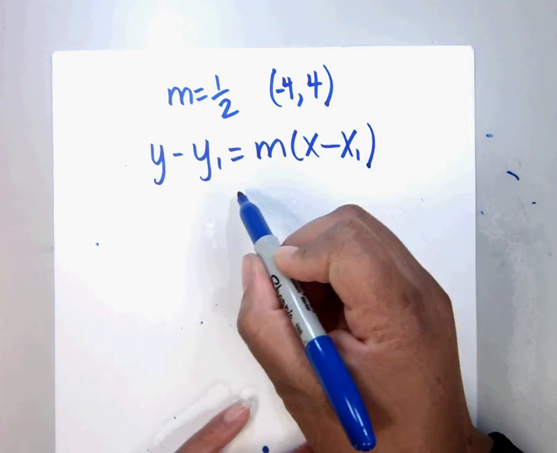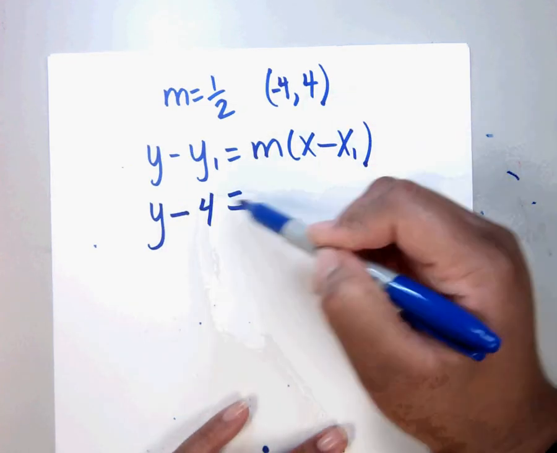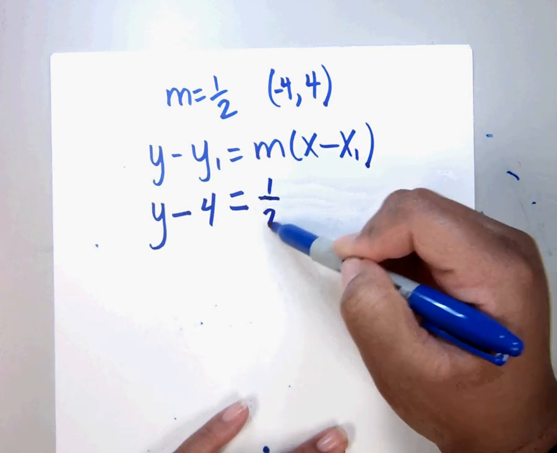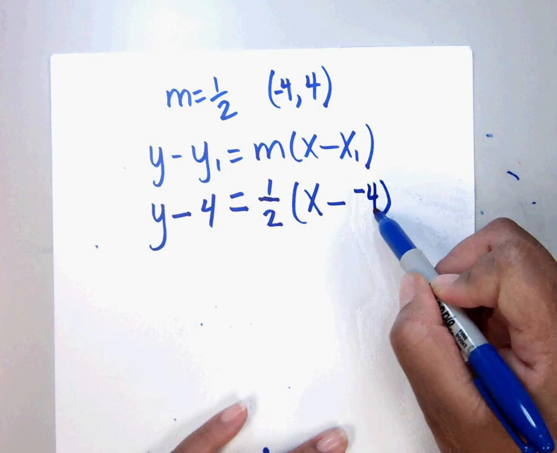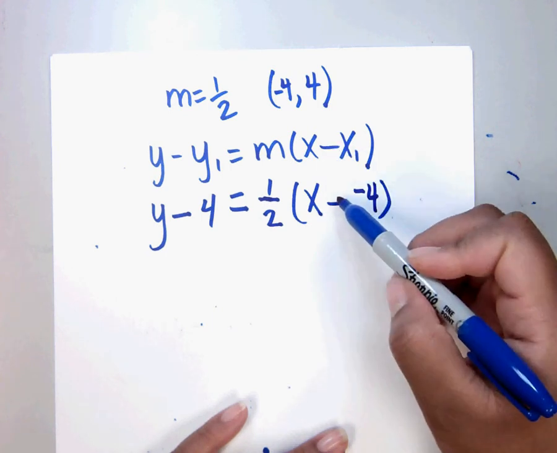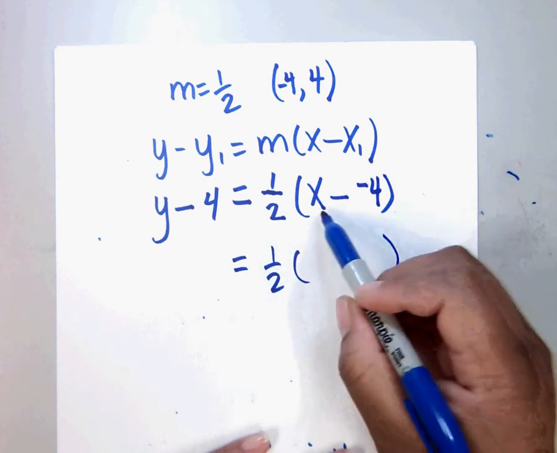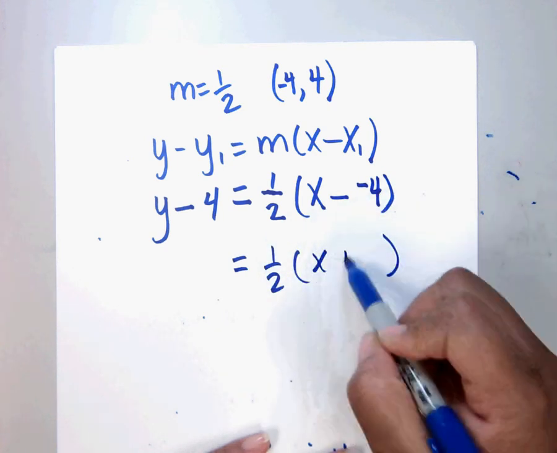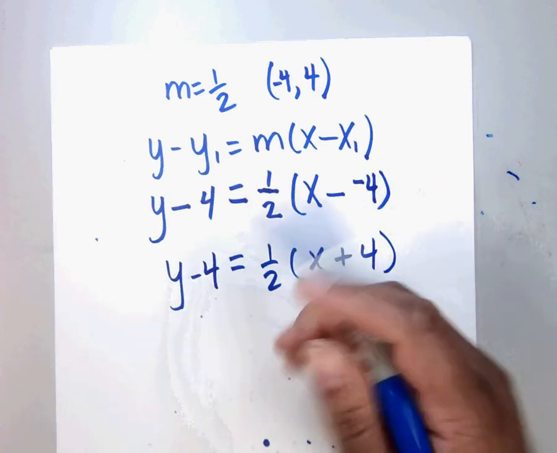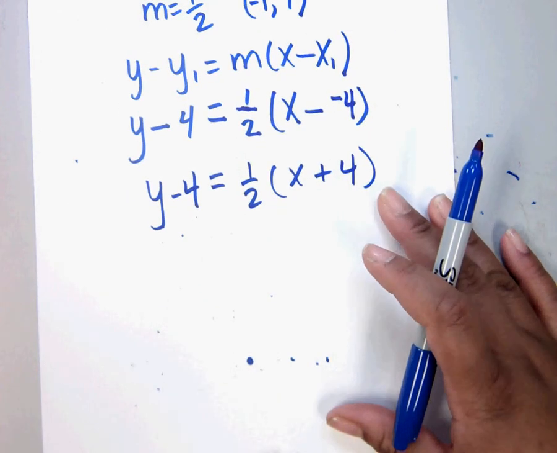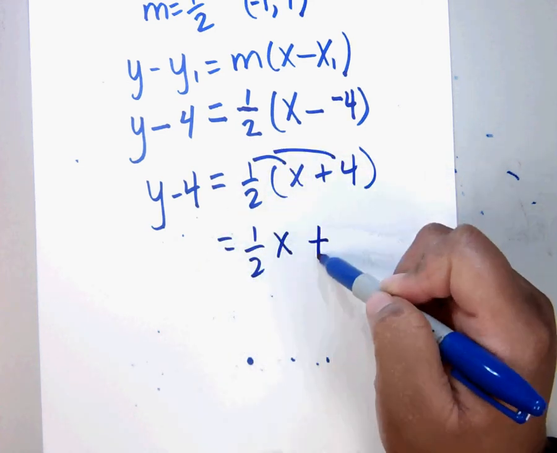Okay, now that you're back, you should have put the positive 4 here, the slope here, and the negative 4 along with the minus sign from the formula here. Now you have plus 4 because of the double negative, and then 1/2 times x minus 4. We distribute 1/2 x plus.